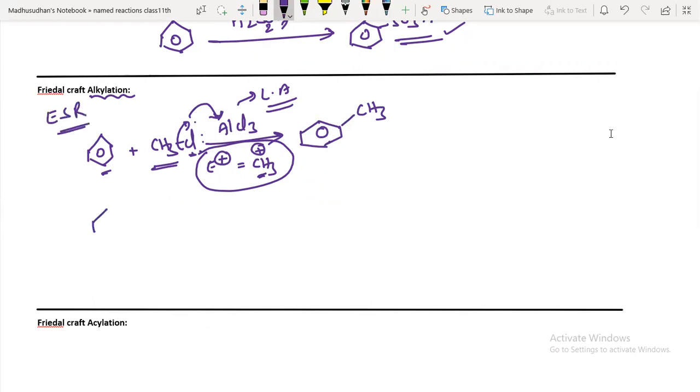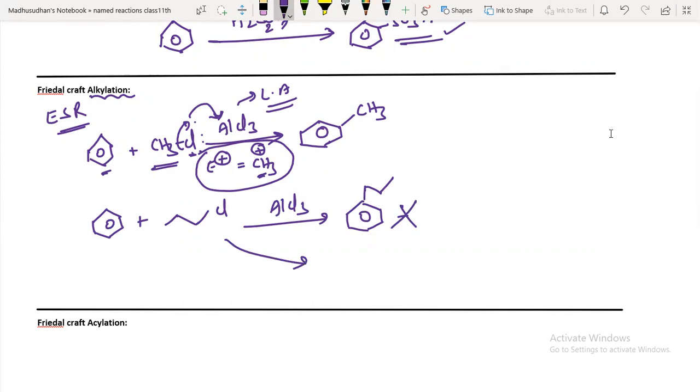In this reaction, suppose I start with propyl chloride in the presence of AlCl3. You will not get this product. The product formed is via a more stable intermediate. The electrophile formed is a secondary carbocation.